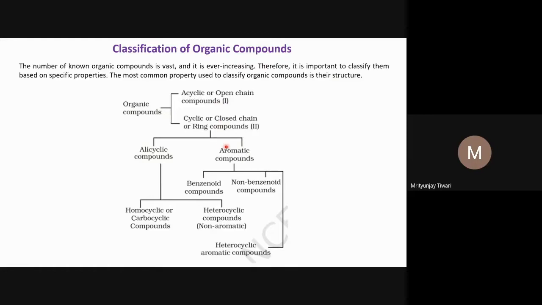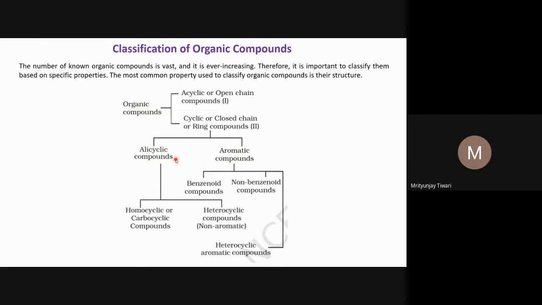And there will be aromatic compounds. Aromatic compounds are a special kind of compounds. What is aromaticity? How does a molecule gain aromaticity, and what advantages will this compound have from it? Those things we will see much later. You should just understand that these cyclic compounds may be of alicyclic type or aromatic type.